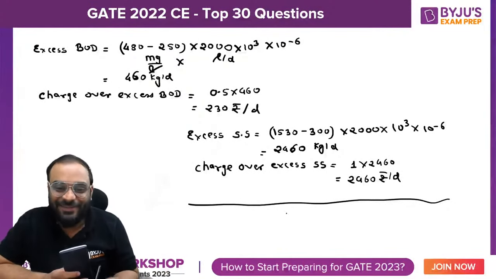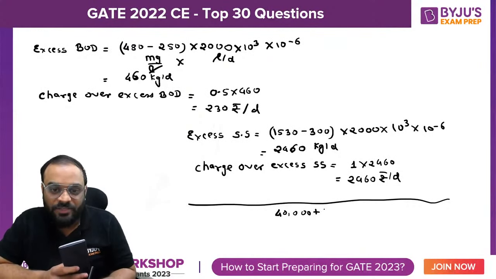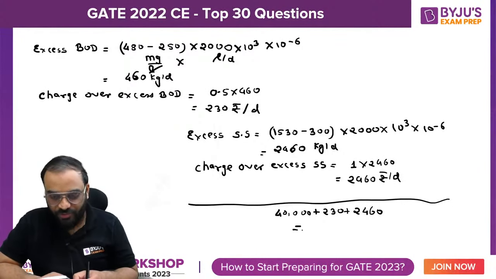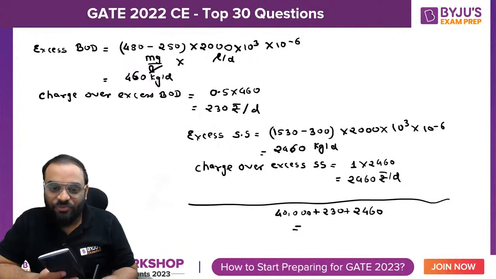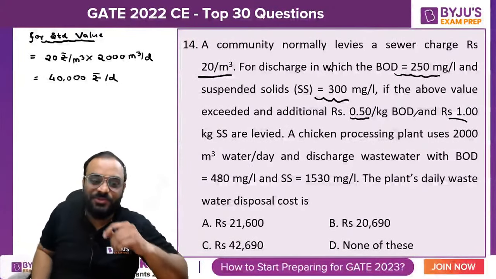So, okay. 40,000 plus how much? 230 plus 2460. If you add all these values, how much will you get? 42,690 rupees per day. This is very high, you understand?